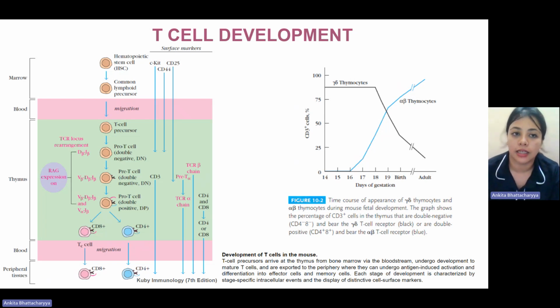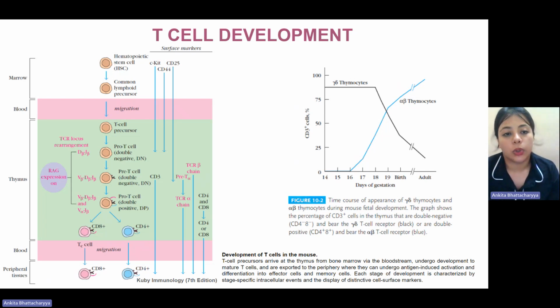What are the events that occur within the thymus? First, upon migration via the blood into the thymus, we see a T cell precursor, from which we get a pro T cell, that is a double negative variant of the T cell. You are now quite familiar with the concept of double negative, single positive and double positive T cells.